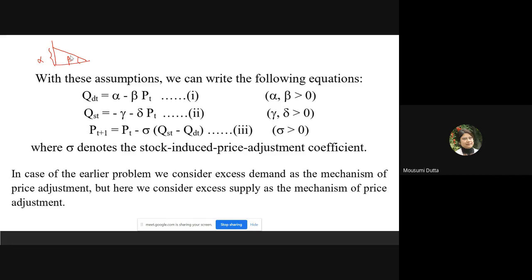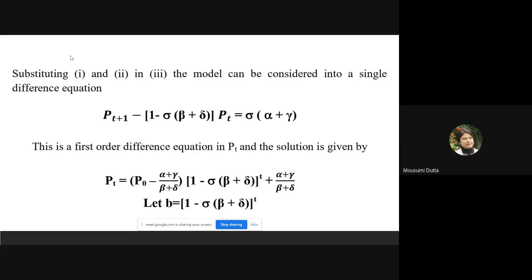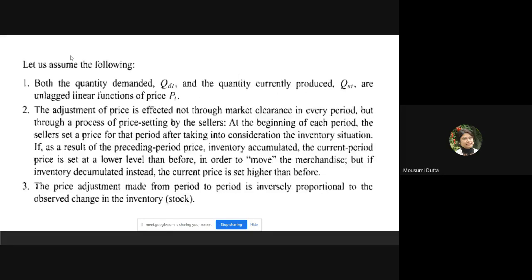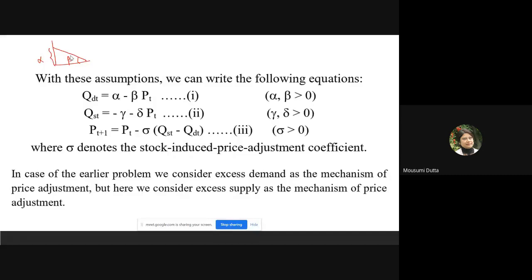So the supply curve, just a minute, let me check why delta is here. Let me check whether there is a typo. For the time being, I'm not understanding. As we proceed, I'll understand.